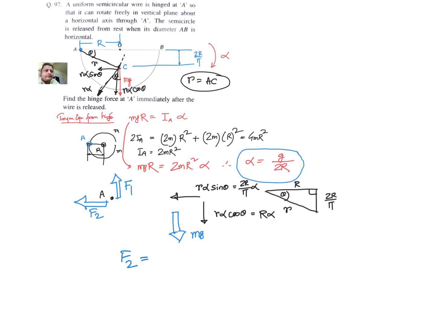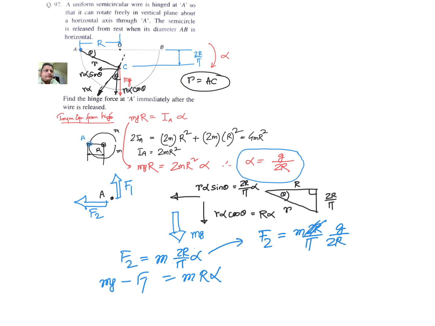So F2 is equal to m times 2r by pi times alpha, and alpha is g by 2r.